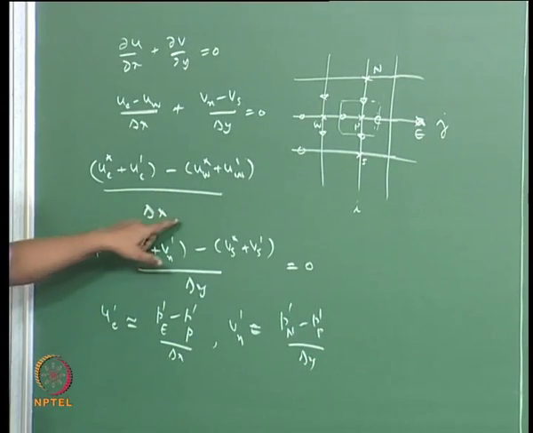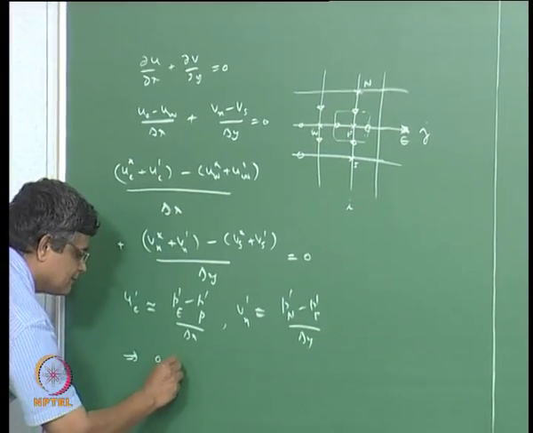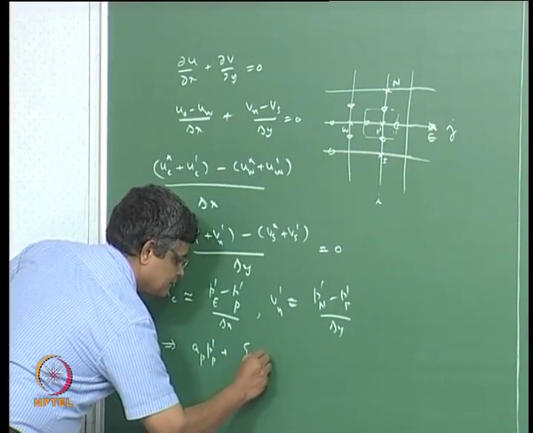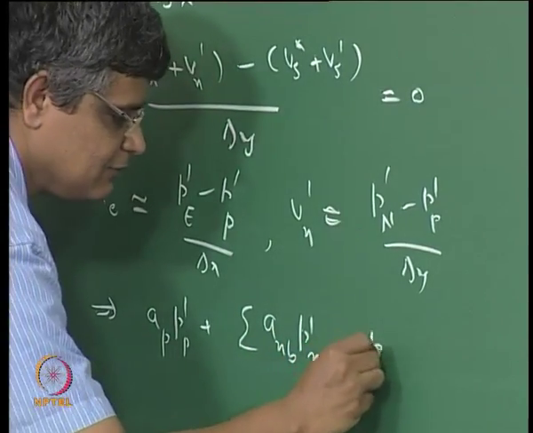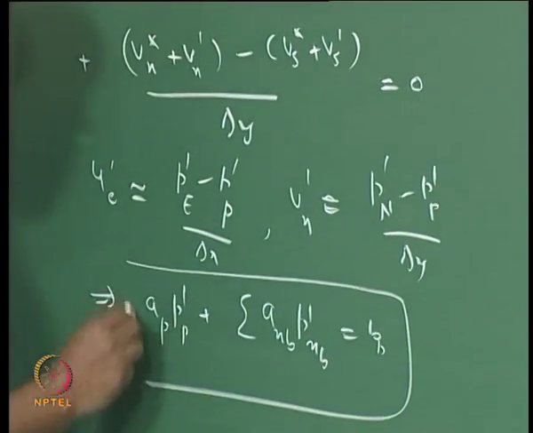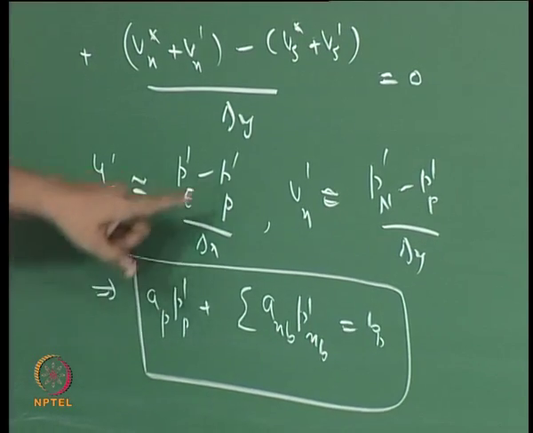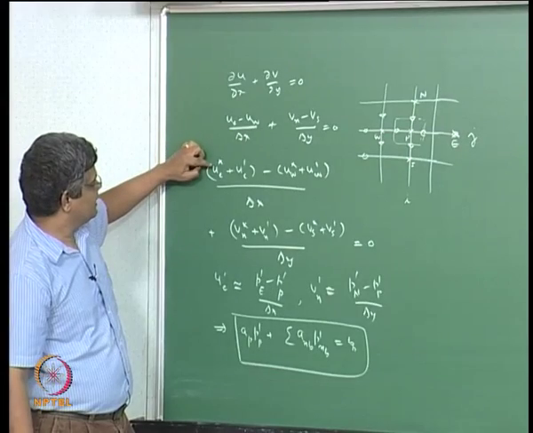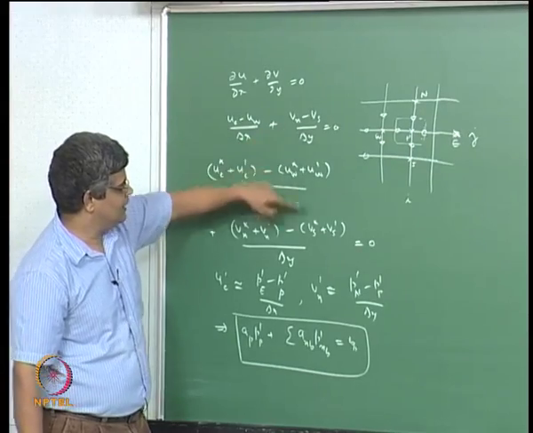We substitute these things here and get an equation for pressure correction, A P P prime equals the sum of neighbor terms plus B. So this is how we evaluate the pressure correction, and once we solve this, then we substitute it here to get the velocity correction, and then we can go from a guessed pressure field and guessed velocity field into new velocities here and here.